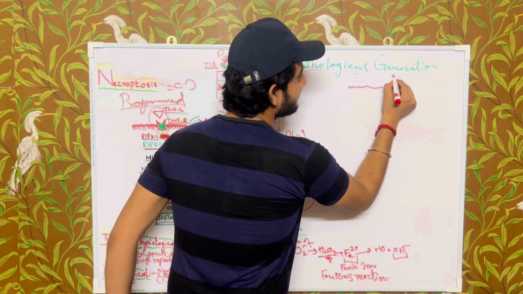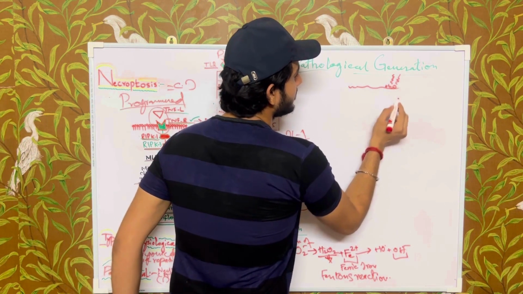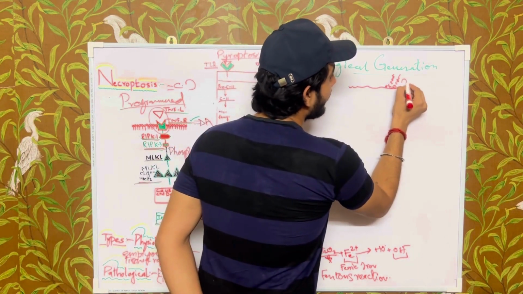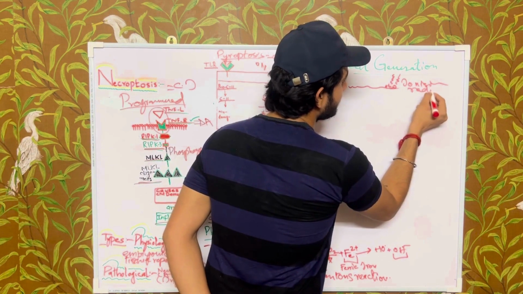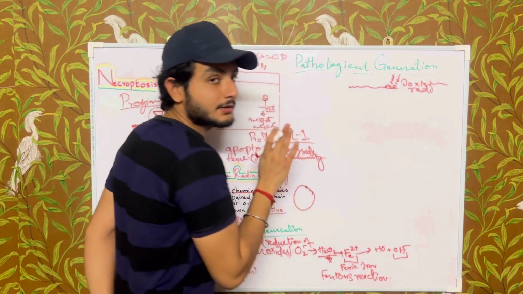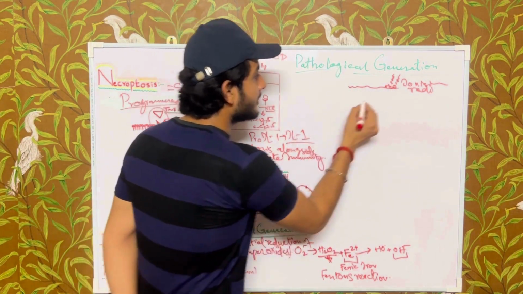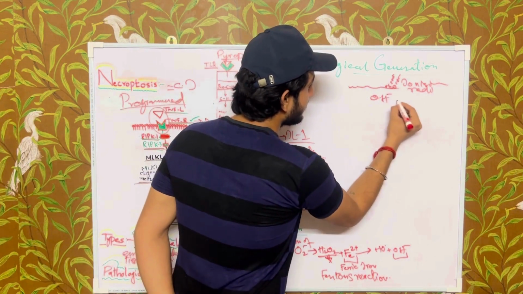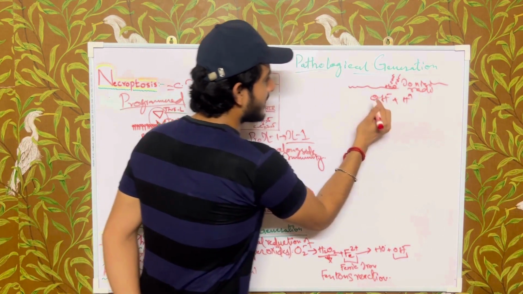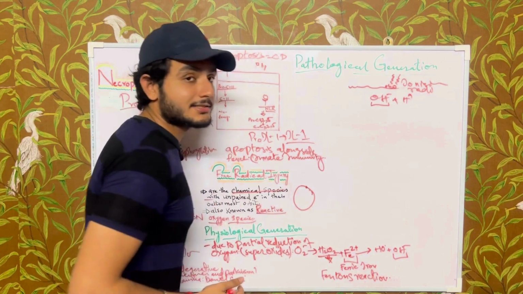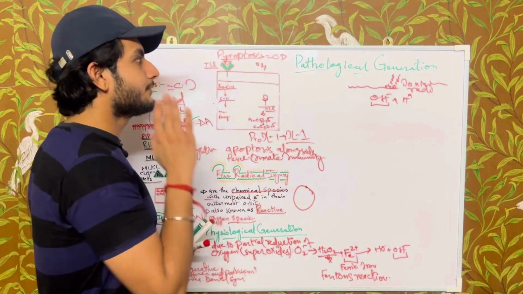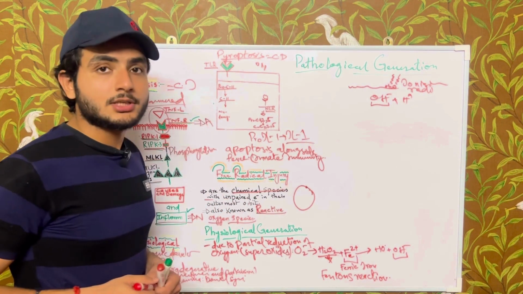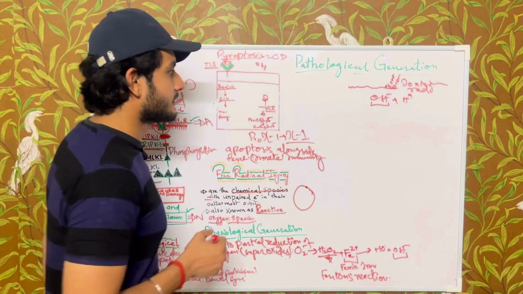When these are exposed to ionizing radiations, the water gets hydrolyzed into hydroxyl ion and proton. So these hydroxyl ions act as the free radicals in this case. This was the first example of the generation of free radicals through pathological processes.